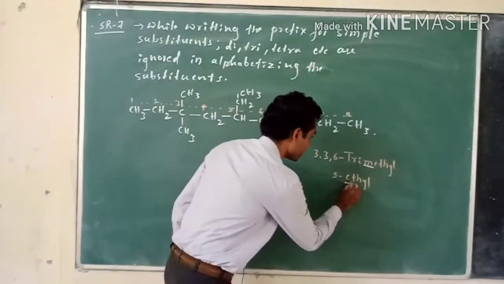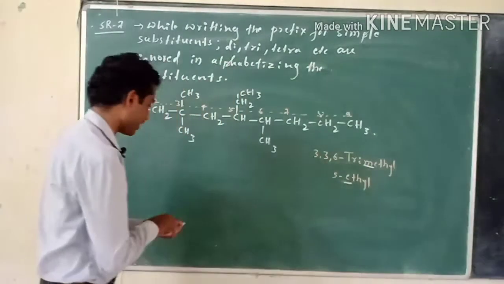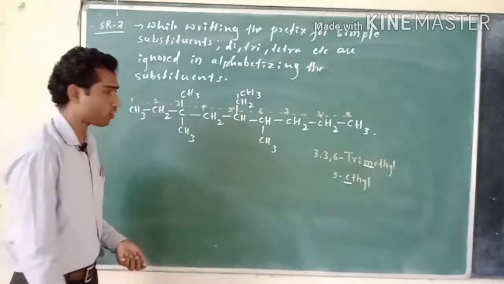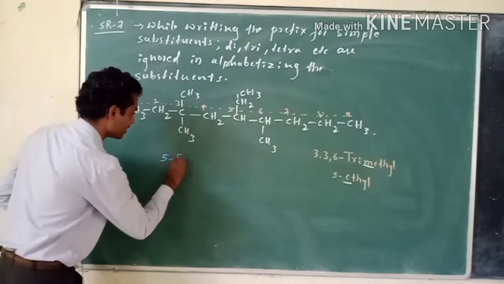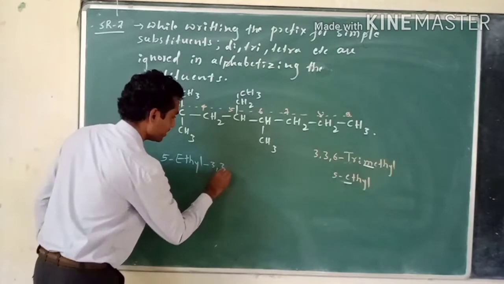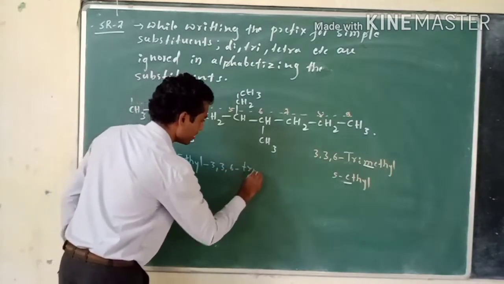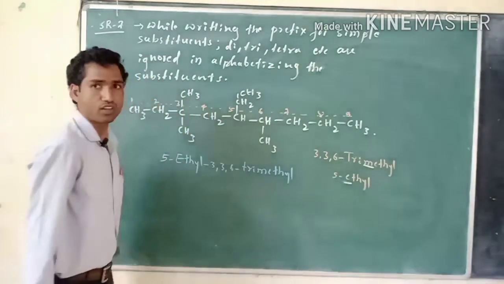You have to consider E as the first letter in this substituent. So then write the name of this molecule. First I have to write the prefix. So E comes first, therefore 5-ethyl. So next, 3,3,6-trimethyl. This is the prefix.